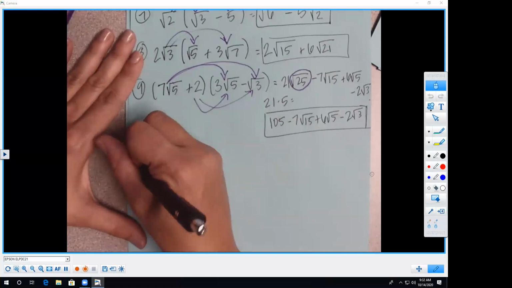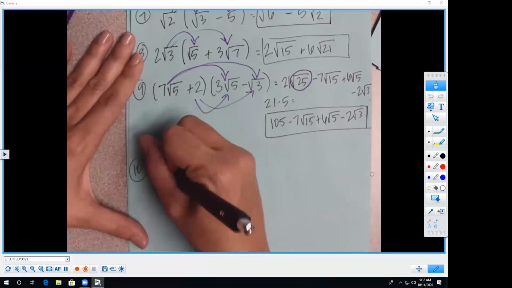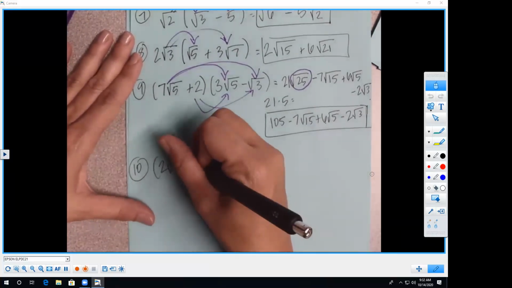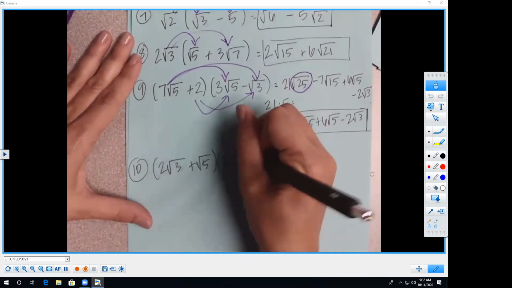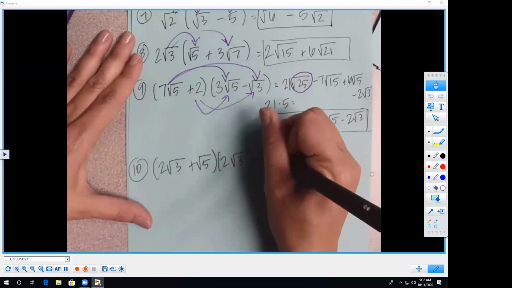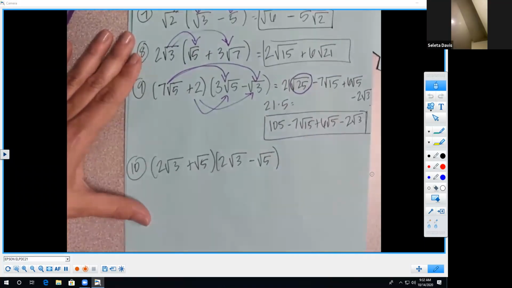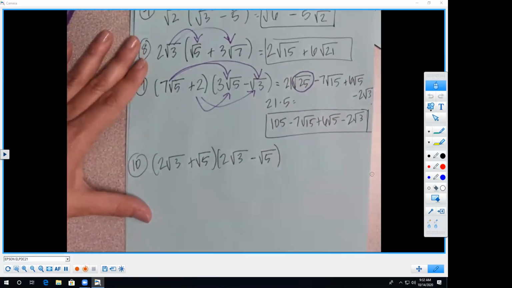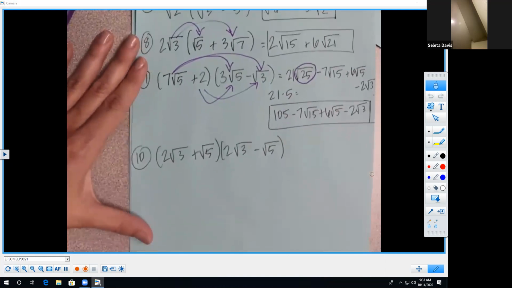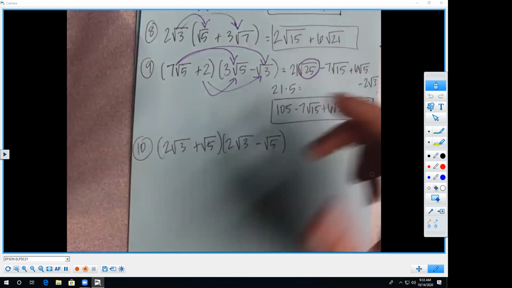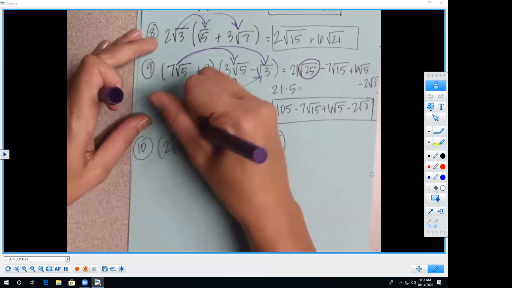Okay, look at this problem. If I had 2 square roots of 3 plus the square root of 5 times 2 square roots of 3 minus the square root of 5. We're going to distribute that one just like we did the last one.